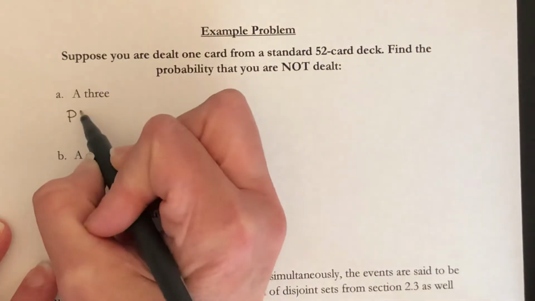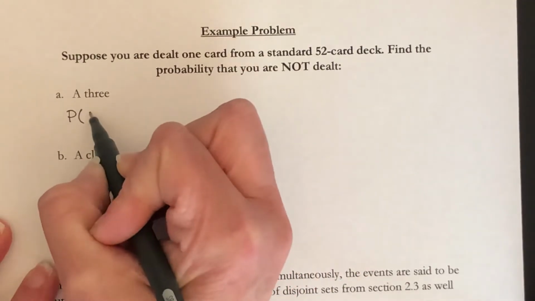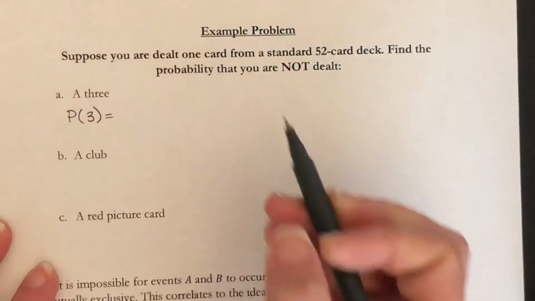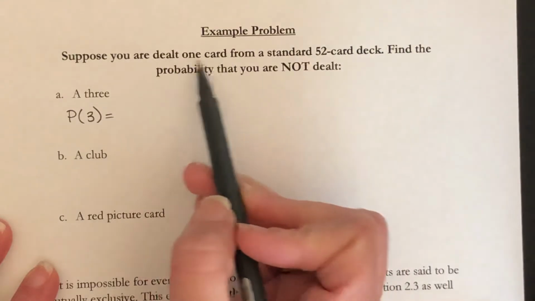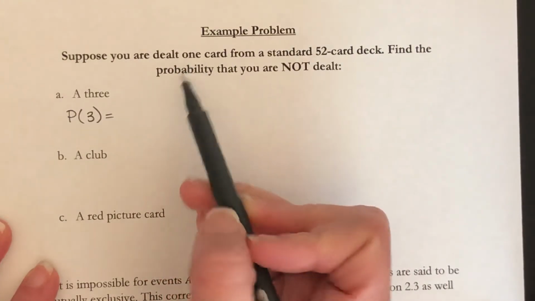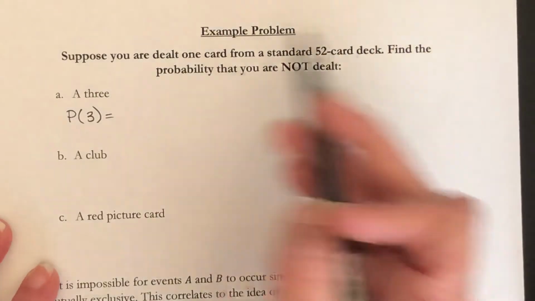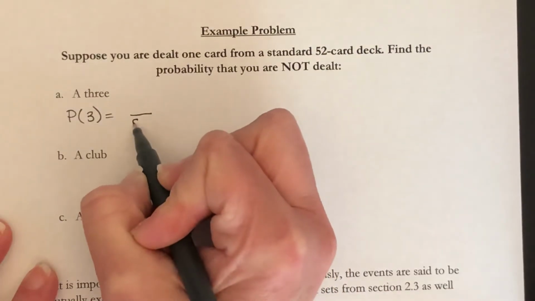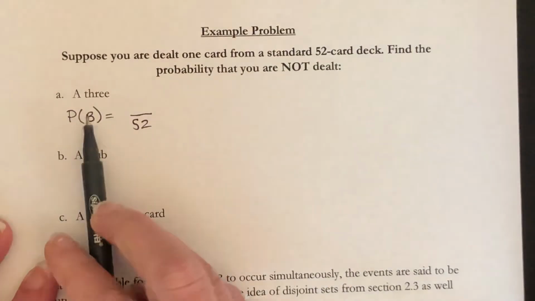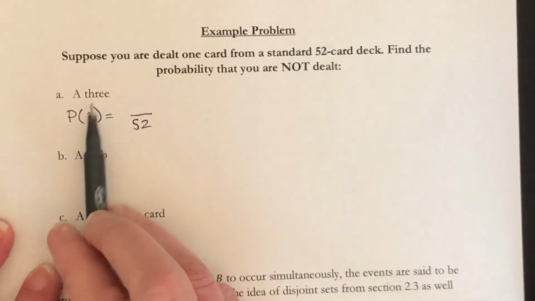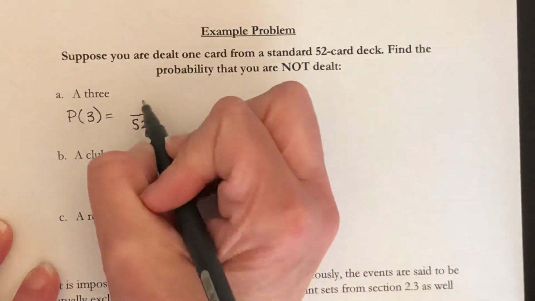So the probability that we do get a 3 would be, we're just choosing 1 card, so we don't have to worry about 52 choose 3 or something like that, just 1 card. So they're out of 52 cards total. How many different ways can we draw a 3? Well, there are 4 3s in there.